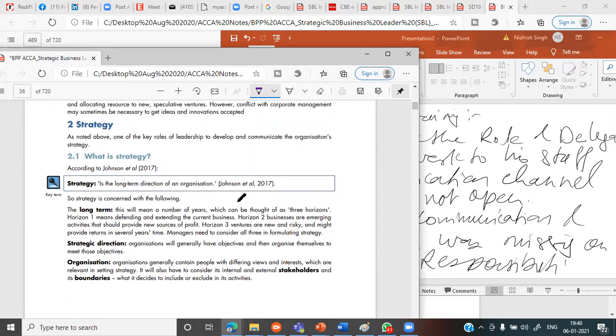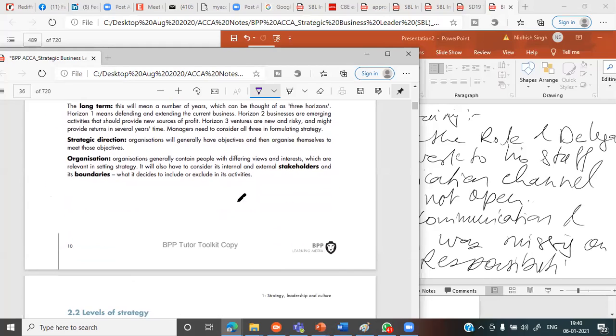Next, strategy. Again, Johnson et al. The strategy is the long-term direction of an organization, quite simple, a small definition, still very much to the point. When any organization sets their long-term vision and direction, that is strategy. That is also called strategic direction.